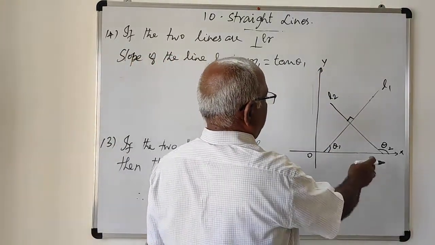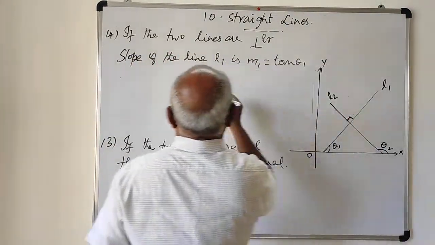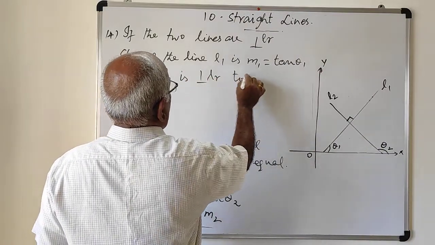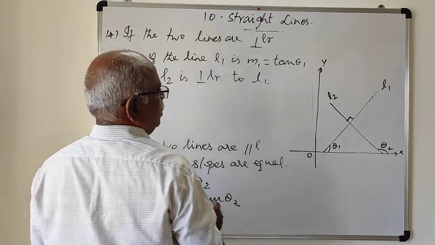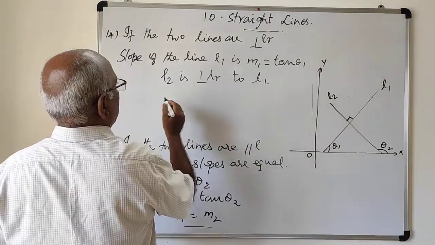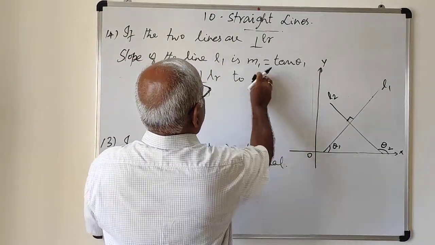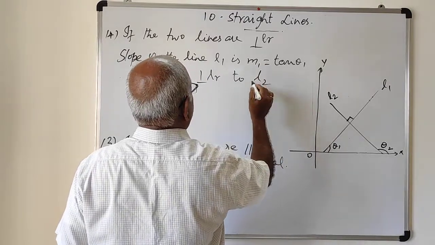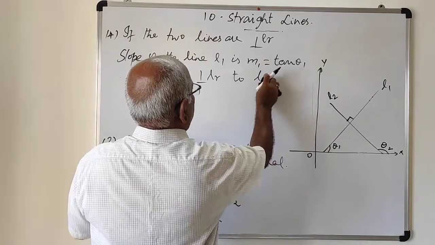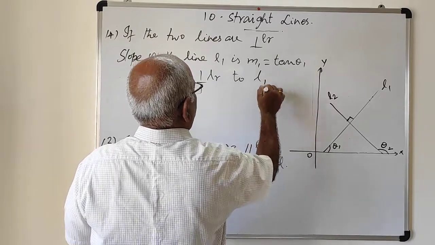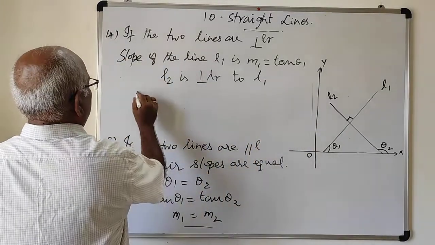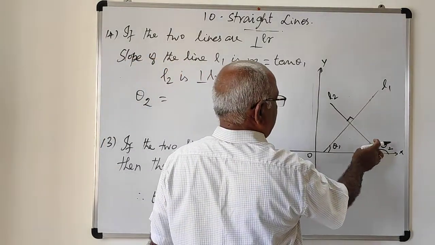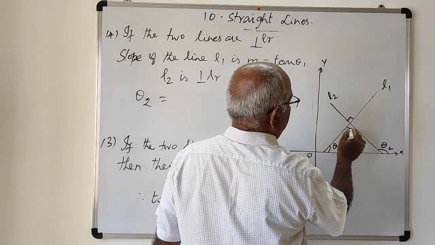Theta 2 is the angle made by the line L2, which is perpendicular to L1. Theta 2 is the angle made by the line L2 with the positive direction of the x-axis. This is also 90 degrees.